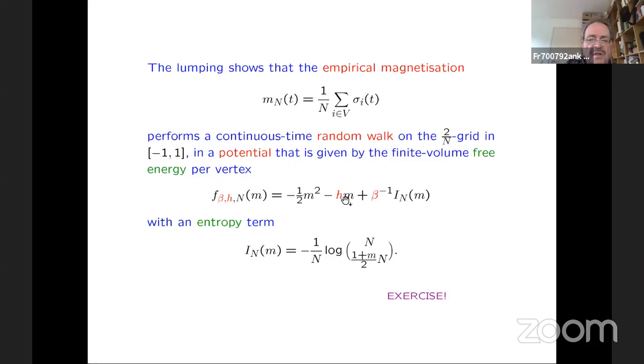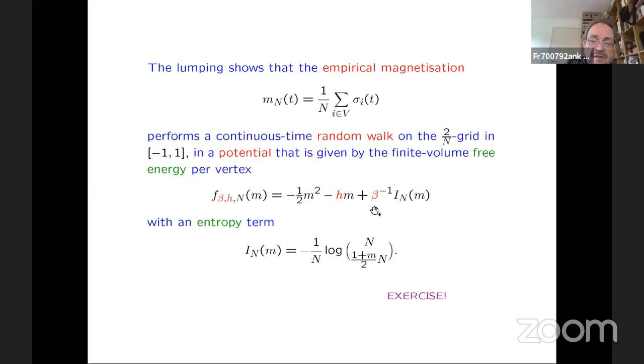And this function is actually nothing other than what would be called the free energy per vertex. And this has an energy part where you see that there's something quadratic coming from the interaction between spins. There is something linear coming from the interaction with the magnetic field.